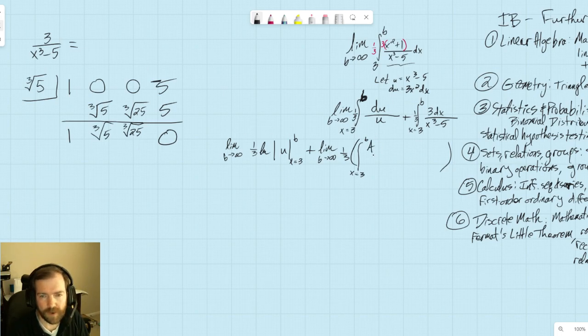So here we can do a over x minus cube root of 5 plus bx plus c over that quadratic. So this is x squared plus cube root of 5x plus cube root of 25.